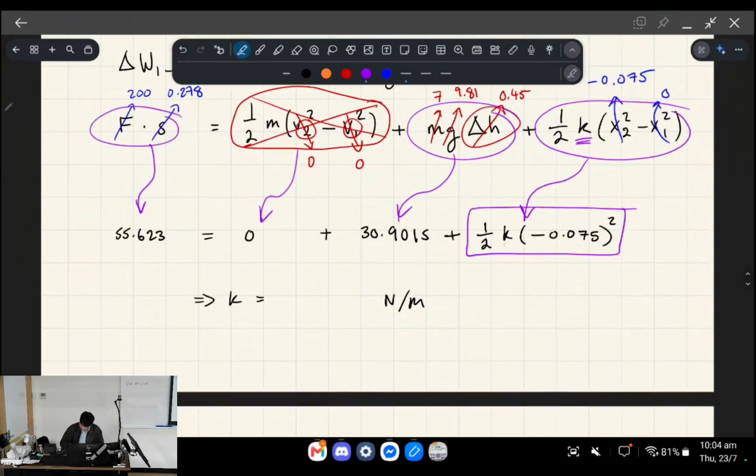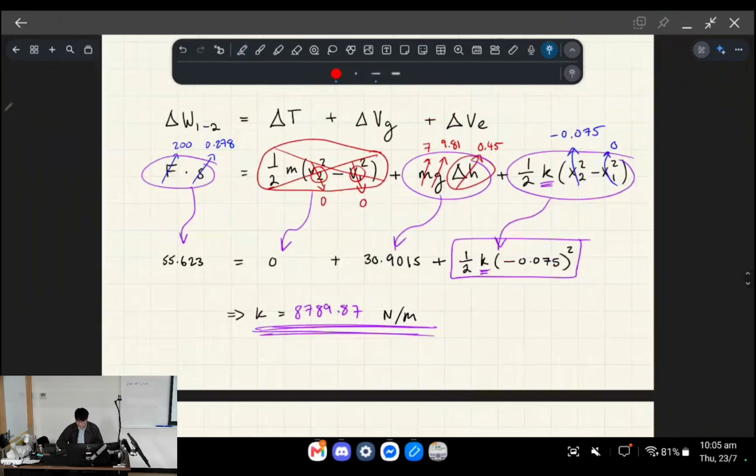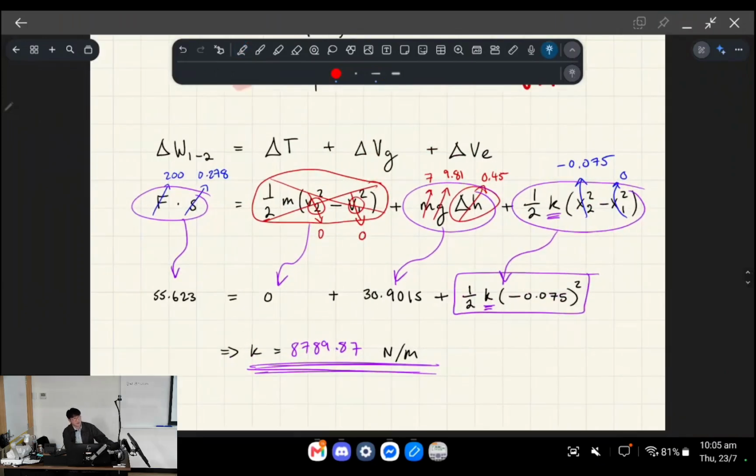And you can see that you're interested in working out k, so you just rearrange for k, and then you get k is equal to this, in newtons per meter. Okay, so that's the spring stiffness, and you can work that out based on all of the other energy terms. Does that make sense?